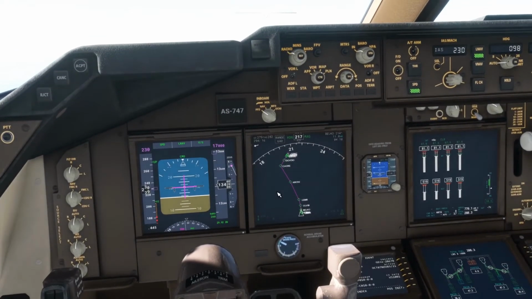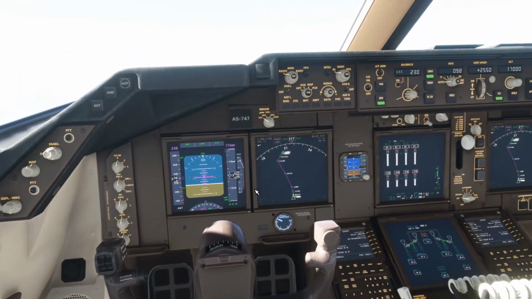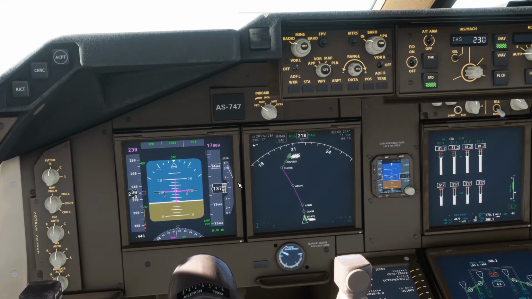Okay, so 2,550. You see, it's working perfectly all right. 230 knots. Everything is good. Wind at 18 knots from 297 degrees. Okay.